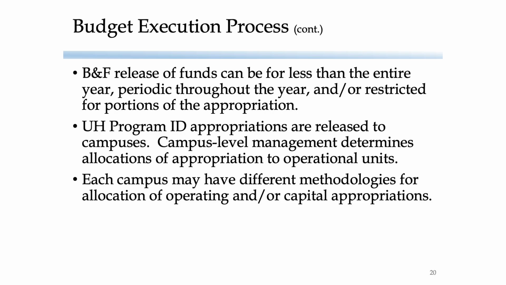Now, the last slide here is related to the execution process after release of those funds from state budget and finance. The appropriation release is to the program IDs as appropriated. So, as I mentioned earlier, the appropriations to the University of Hawaiʻi go to the campus level of funding: UH Manoa or UH Hilo, the community colleges as a system, UH West Oahu. That is what state budget and finance releases on, that total appropriation amount.